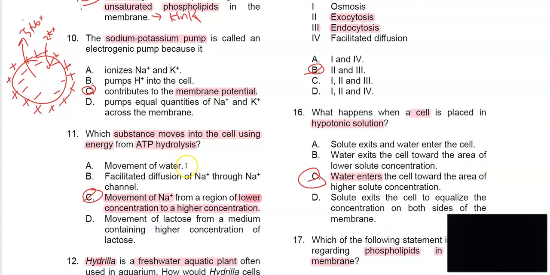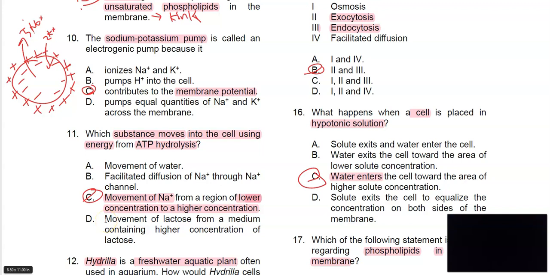Movement of water is through passive transport, either through diffusion or facilitated diffusion using aquaporins. B, facilitated diffusion of sodium through a sodium ion channel. A channel basically involves passive movement, facilitated diffusion.